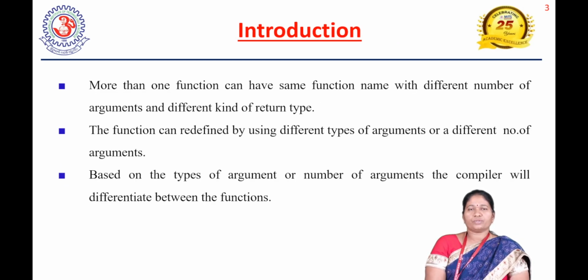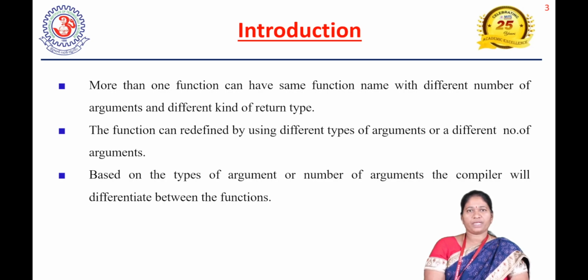Introduction. So, what is meant by function overloading? Function overloading means we have more than one function with the same name, that is the same function name, but with a different number of arguments and also different return types, and the argument list we mention here.